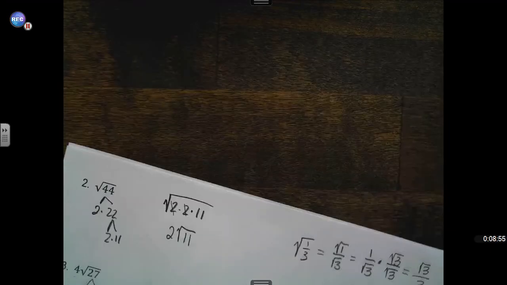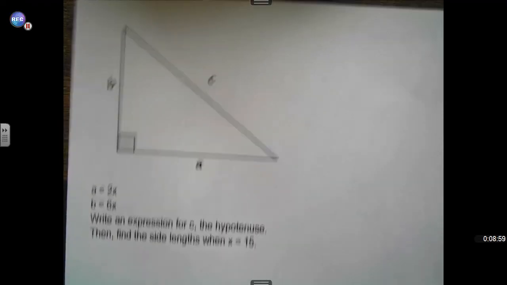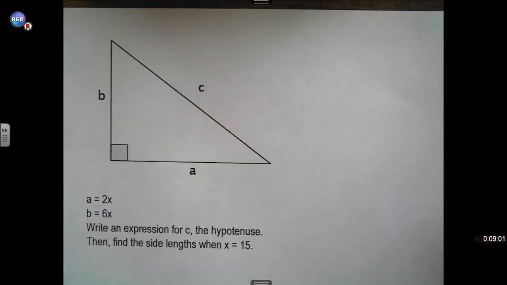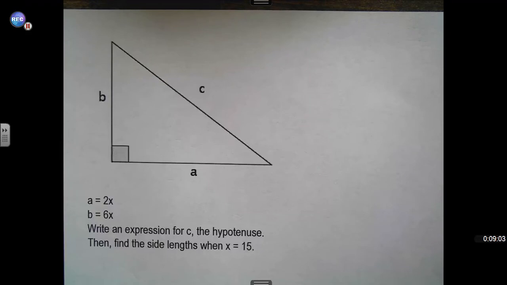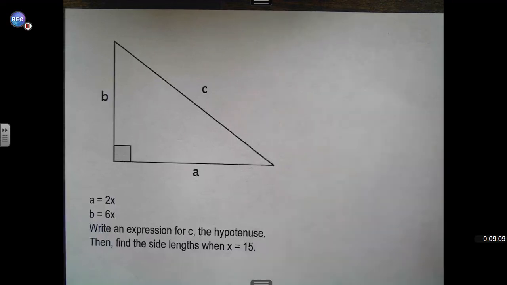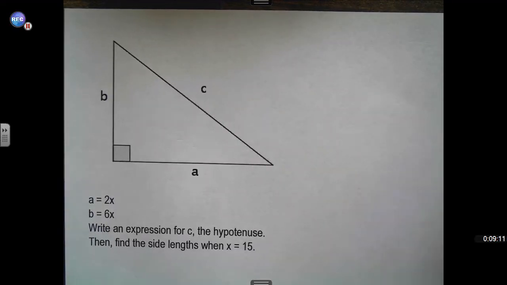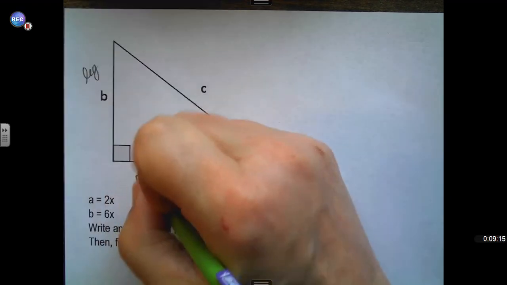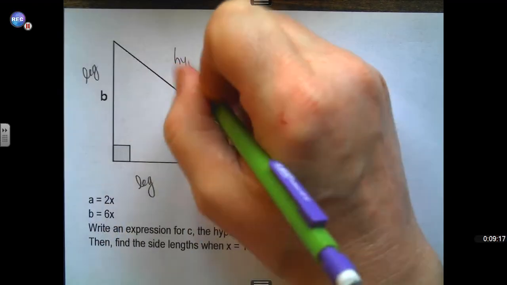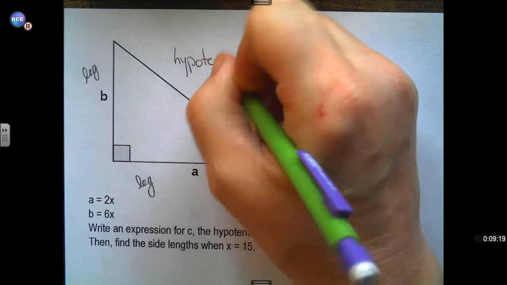In this section, they also bring into it the Pythagorean theorem. And the Pythagorean theorem, contrary to popular belief, is not a squared plus b squared equals c squared. When we have a right triangle, it is comprised of what we call a leg, and a hypotenuse. Okay.